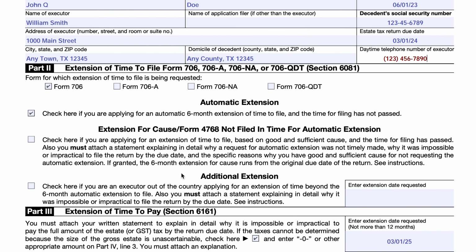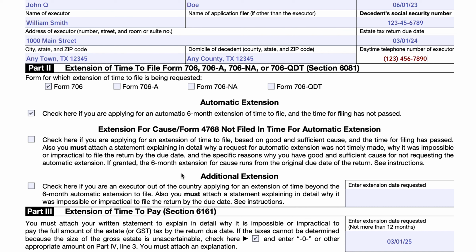Now, it's important to note that if your extension request is approved, the IRS generally will not inform you of that. So you're basically operating off of a kind of negative permission. You proceed as if it was approved unless you get notification otherwise.